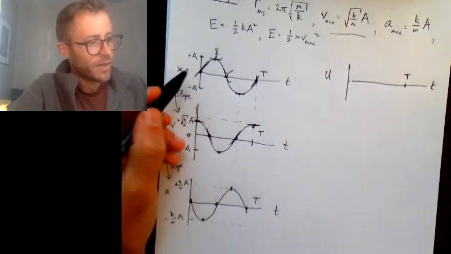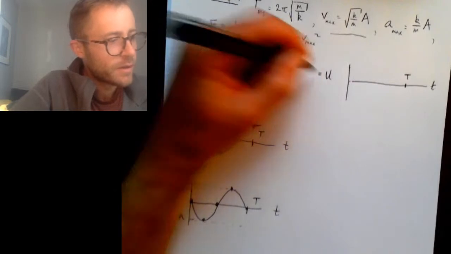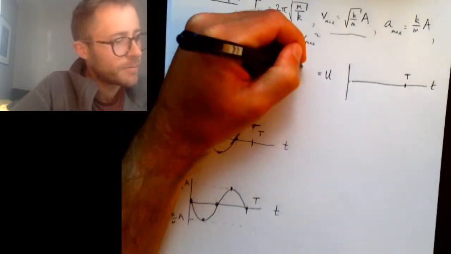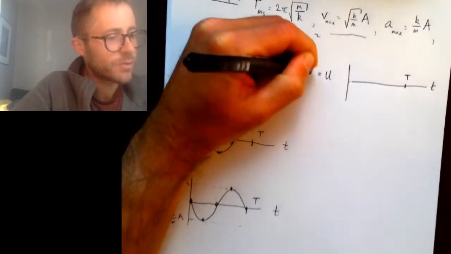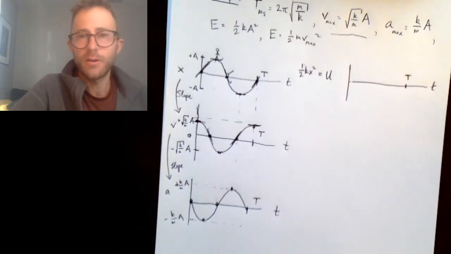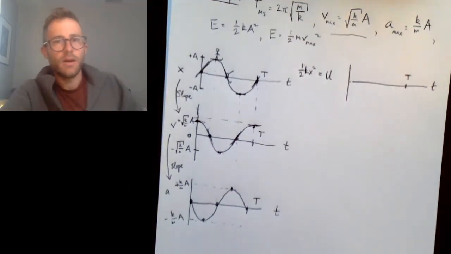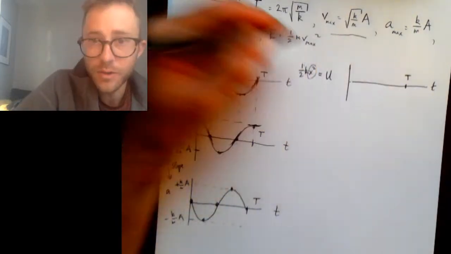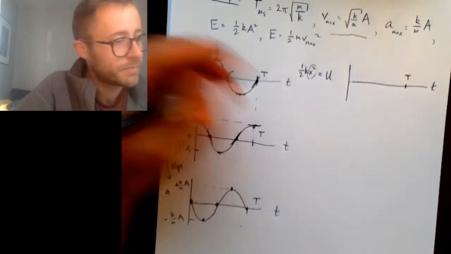So why did I draw that graph next to this graph? Well, it's because the formula for elastic potential energy is 1/2 kx squared. All right. So the key idea here is that we take our position graph and we square it to get the elastic potential energy.